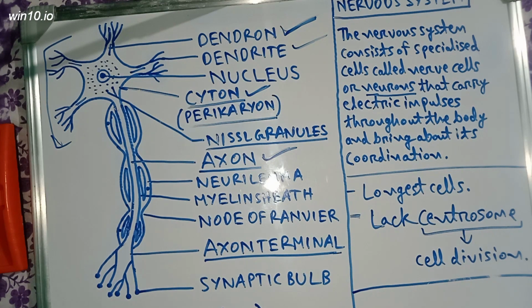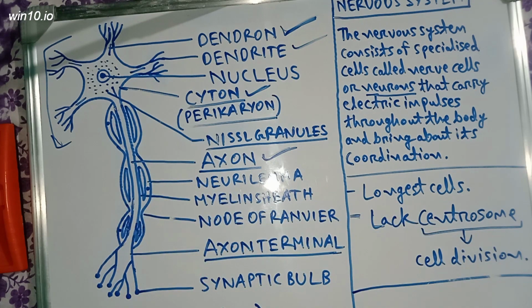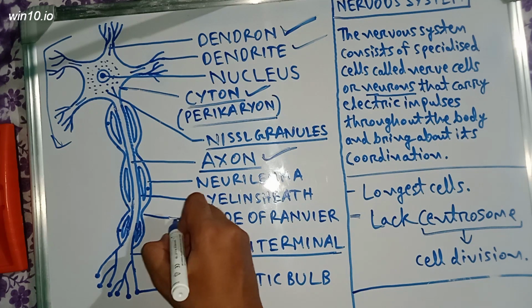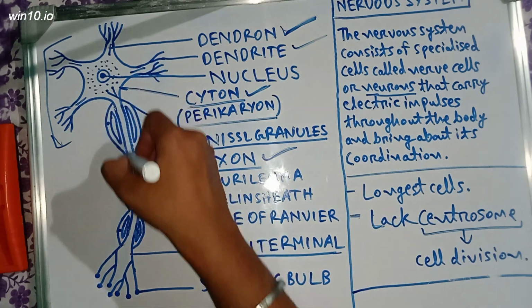Although the axon is not exactly like a wire, but since it carries electrical impulses through it, it also needs some insulation, just to prevent any leakage of electrical impulses out of it. So this is the axon.